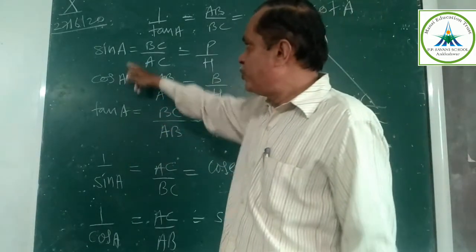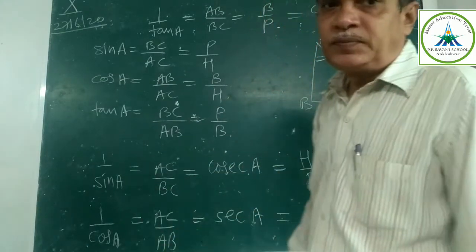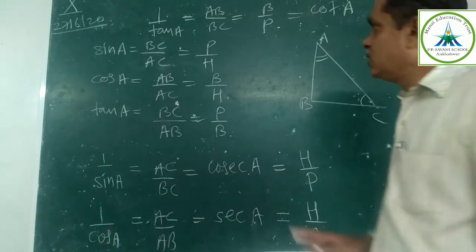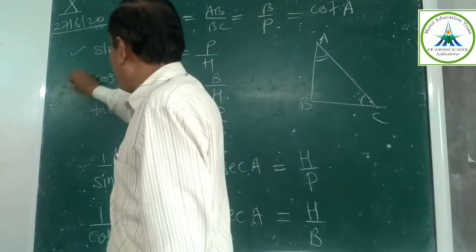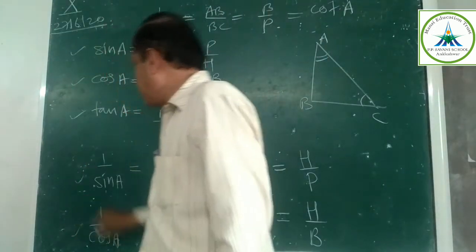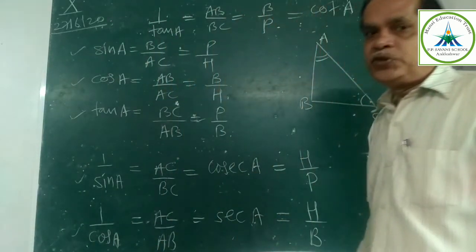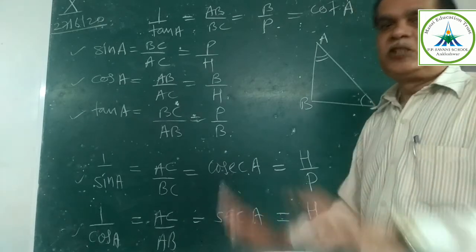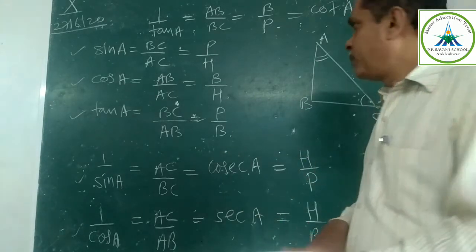Okay, these are all the trigonometric ratios. Remember it, students. If I draw a right triangle and ask you to write down all 6 ratios, you can write them without any difficulty. Once again, let's talk about this.